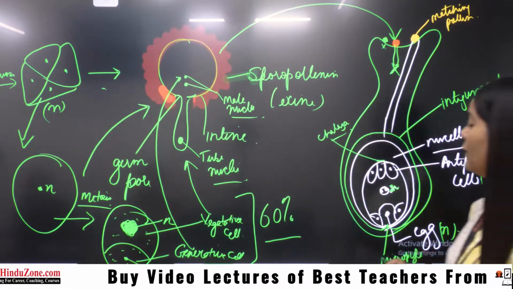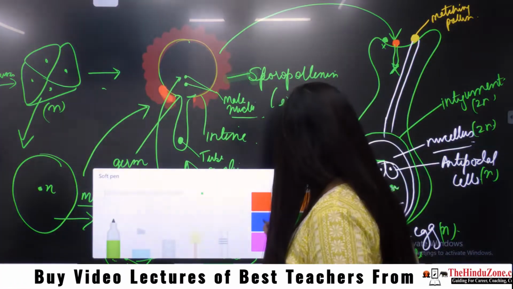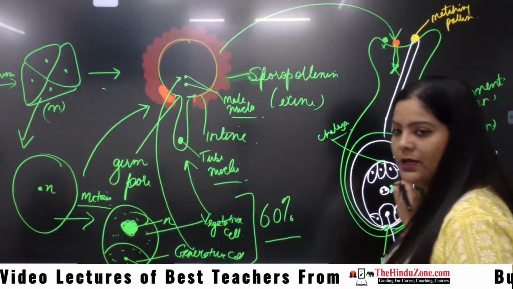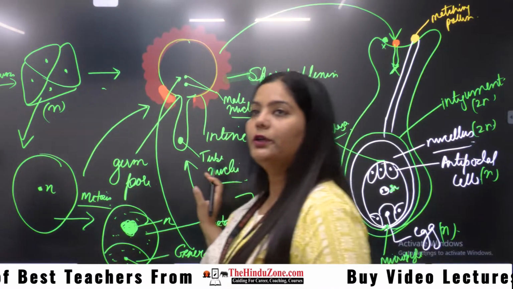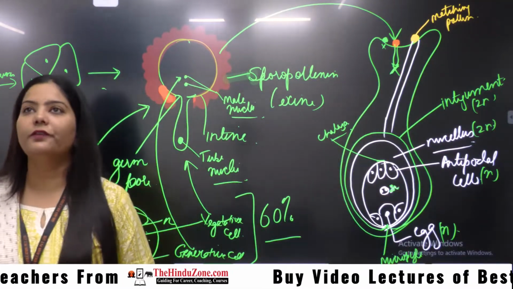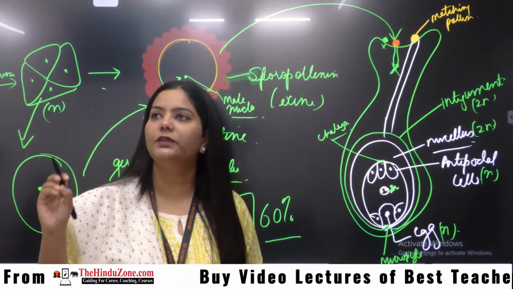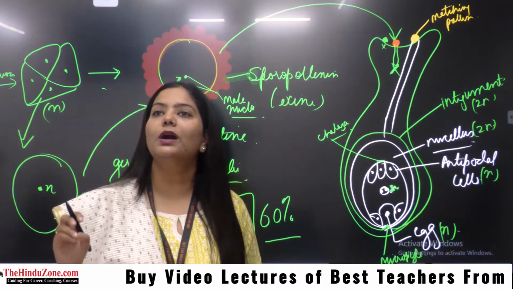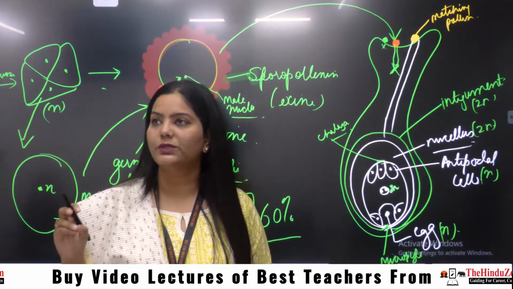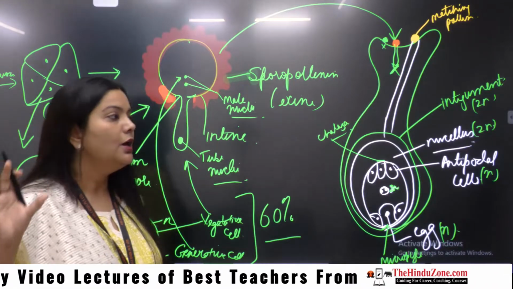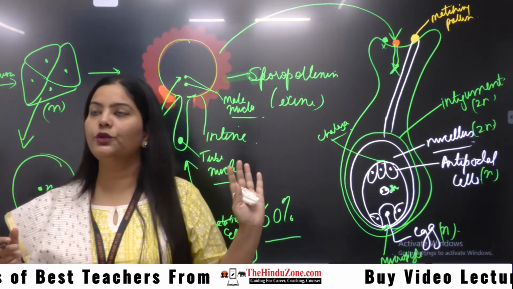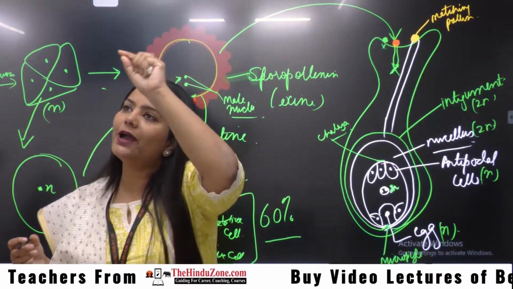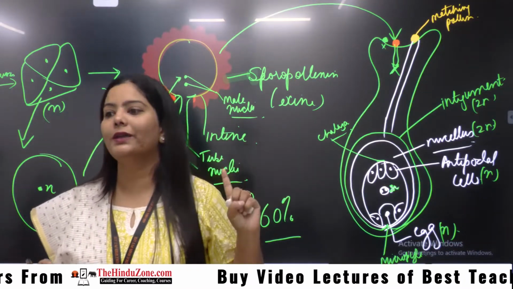Now I am going to tell you one more thing. Concentrate here, a new thing. There are different ways of entry of the pollen tube into a mature embryo sac. Whatever method they use, they are actually entering through the micropyle.